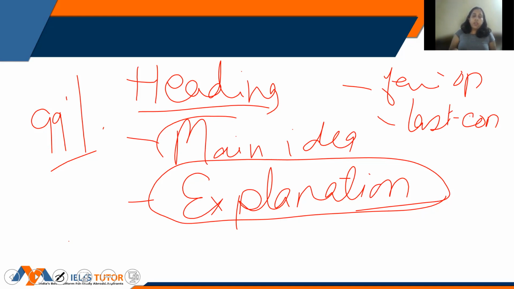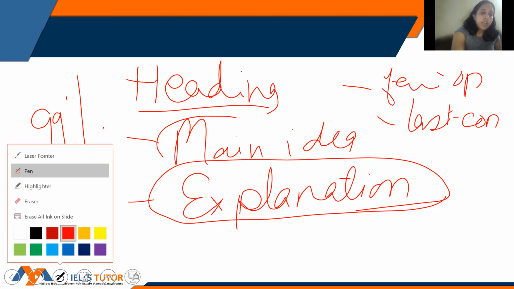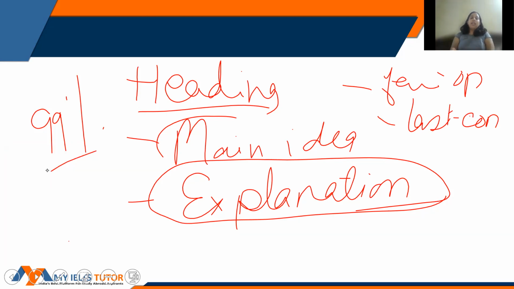Okay, now what is explanation? What is the difference between explanation and your main idea? Yes. So, for example, I have a paragraph. They are saying that trees are vital for maintaining ecological balance, or trees are vital for the environment, right?